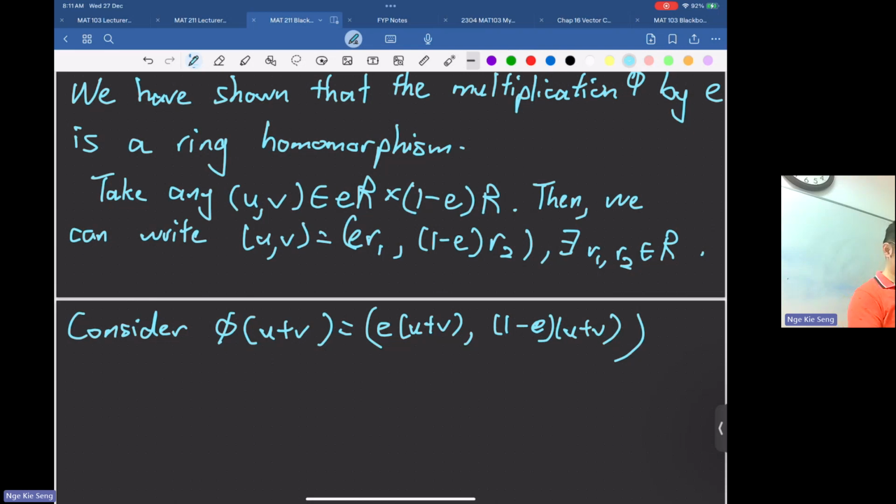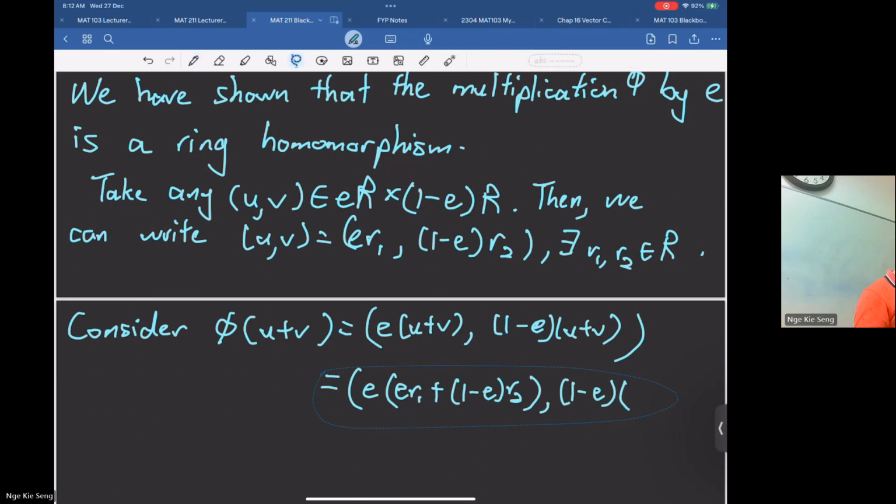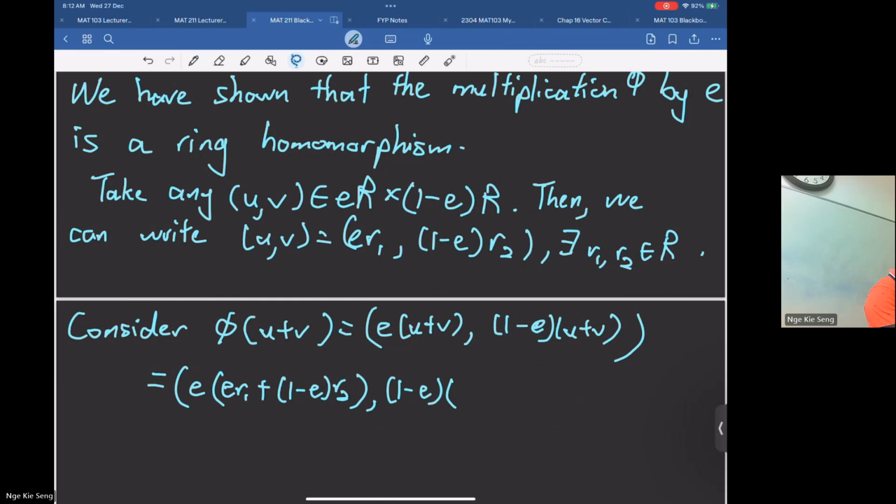So we have to substitute it in. So u becomes Er1, plus v is (1 minus E) times r2, right? And then (1 minus E) times Er1 plus (1 minus E) times r2. Okay.